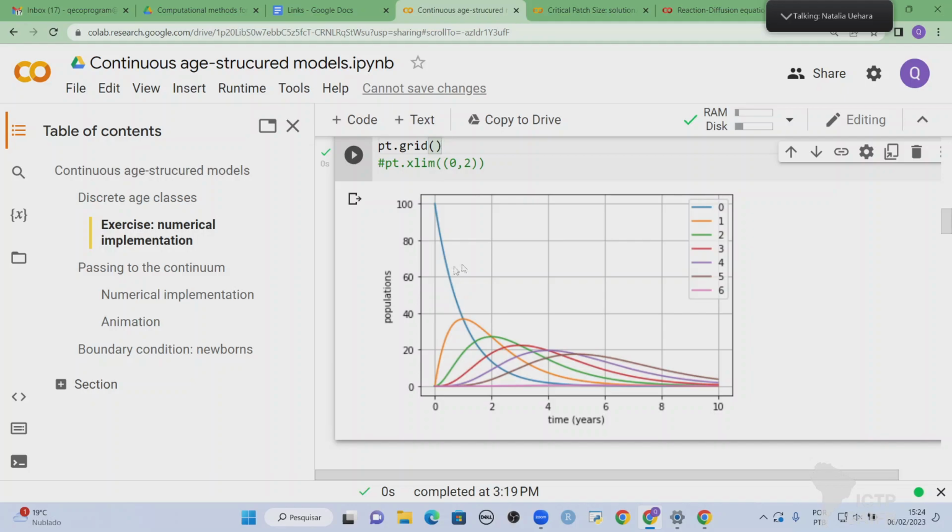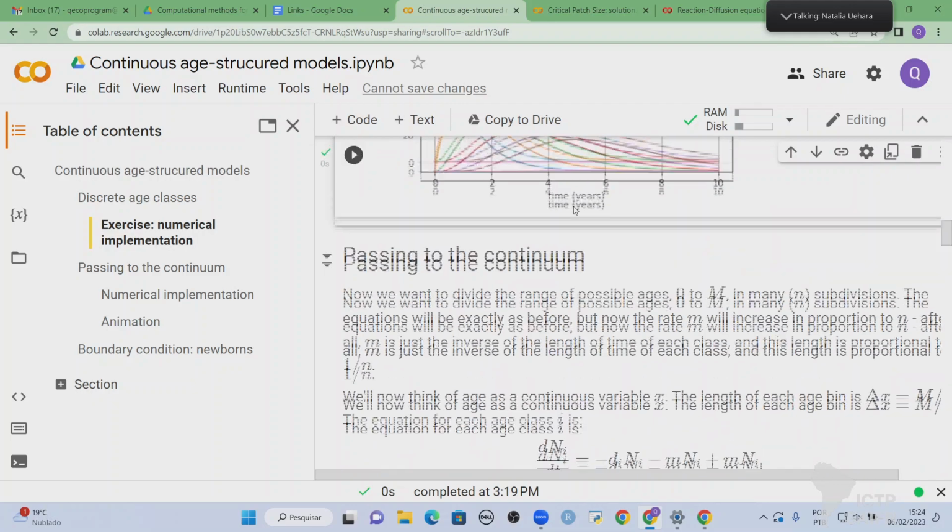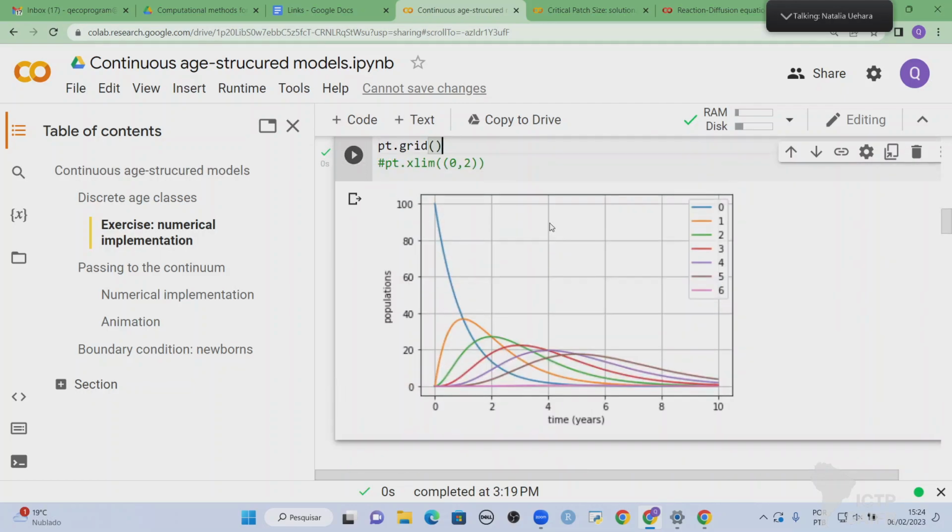So if instead of these large age bins I have a lot of small age bins, this problem that I just described, of having a lot of population still here after 1 year and so on, usually gets better as I decrease the size of the age bin. And what is the goal here?